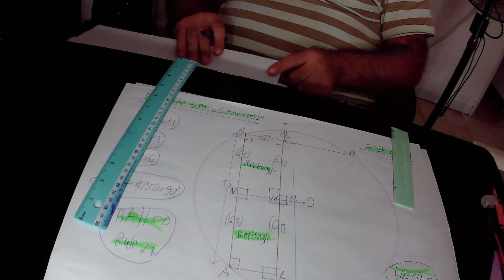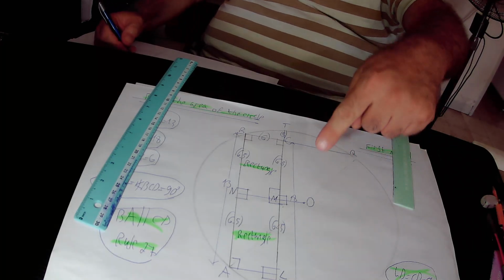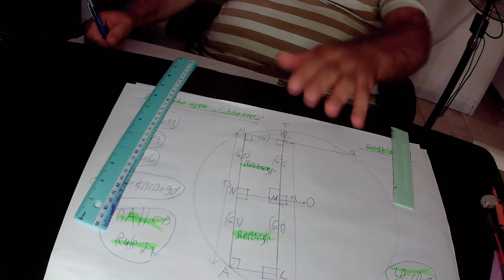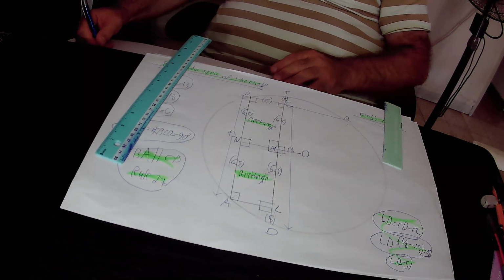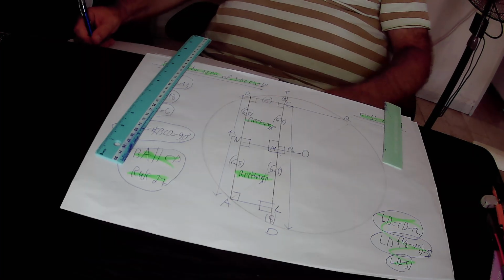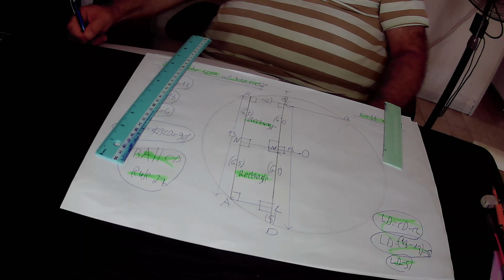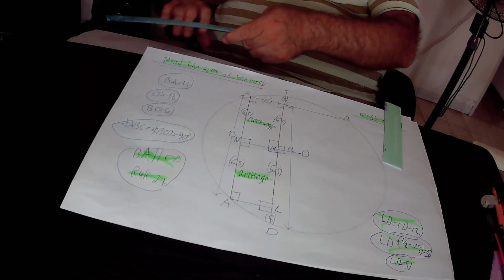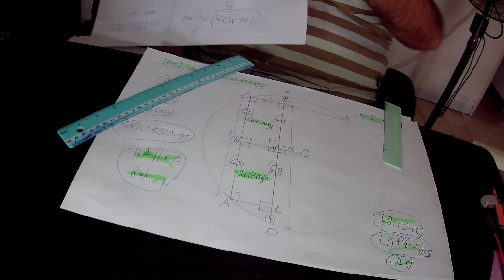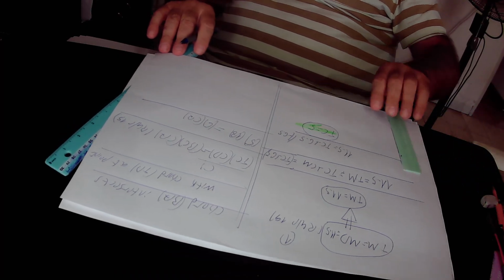TC is 5 times CD is 18, and it equals BC is 6 times CQ. CQ is the missing side. So in total, we found out that 5 times 18 equals 6 times CQ.